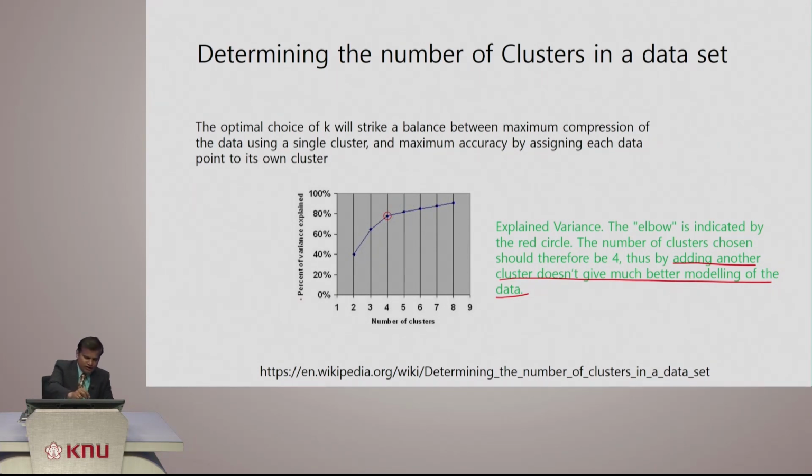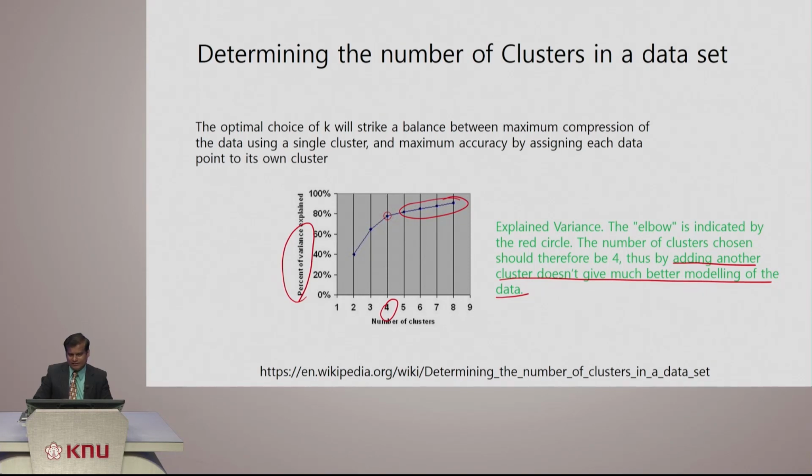In this case, we calculate the variance and the percentage of variance explained, and we get more than around 80% with the 4 clusters, and after that it doesn't make much change. So adding an extra cluster doesn't really reveal much.